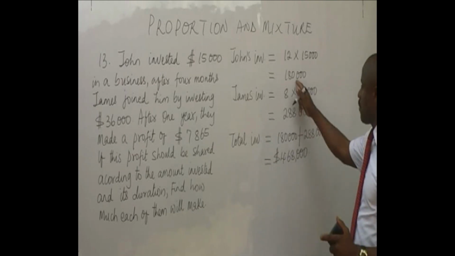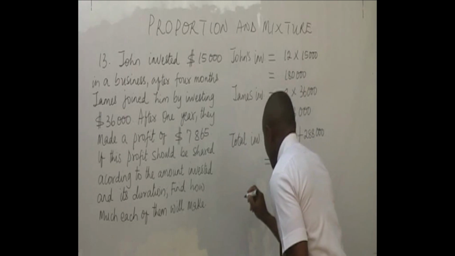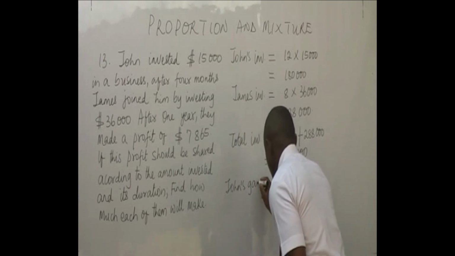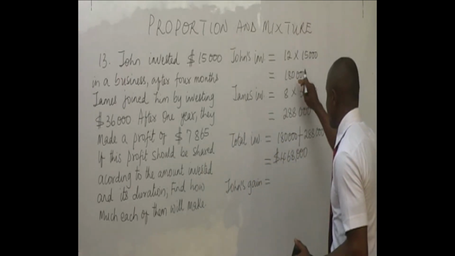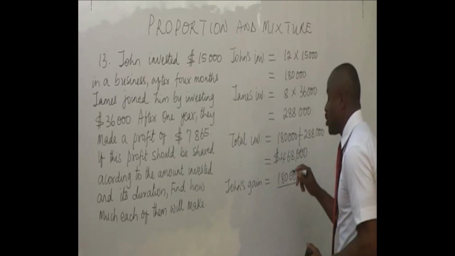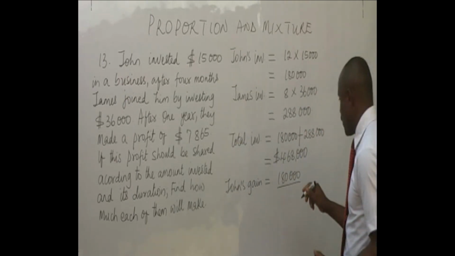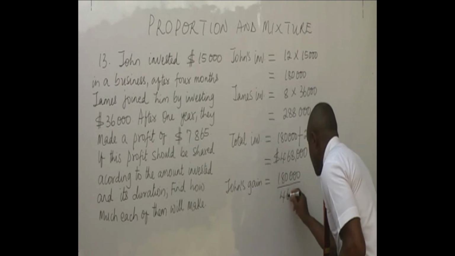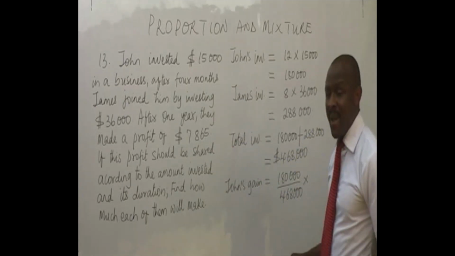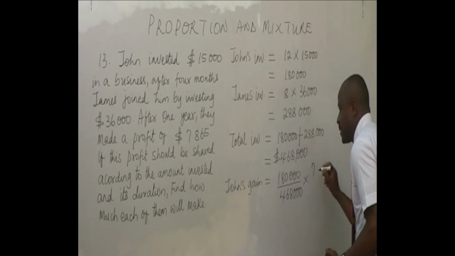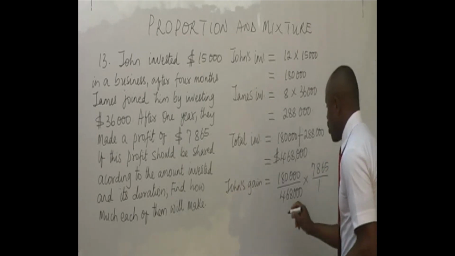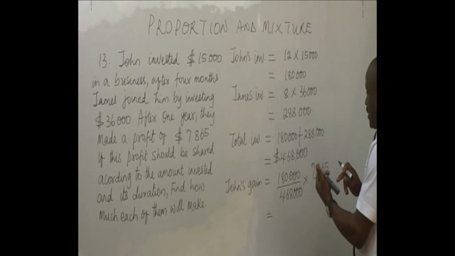So John's gain is going to be what he invested, which is 180,000, divided by the total investment between the two of them, which is 468,000, then times the gain they made, $7,865, all over 1. Whatever you get here now is the gain that is due for John.